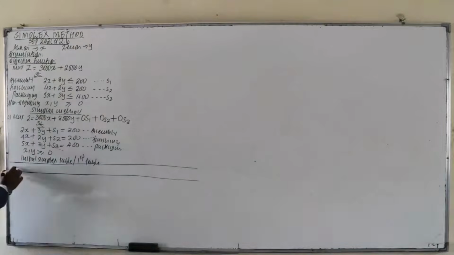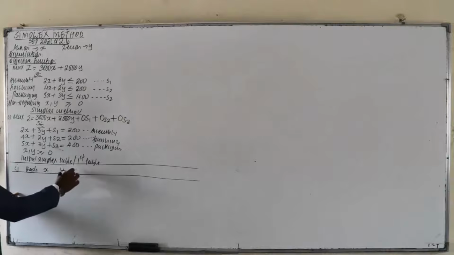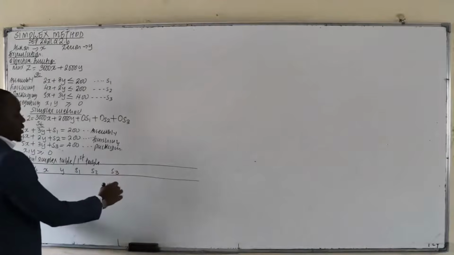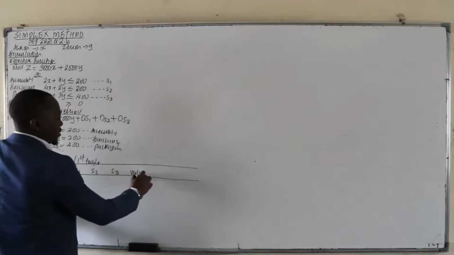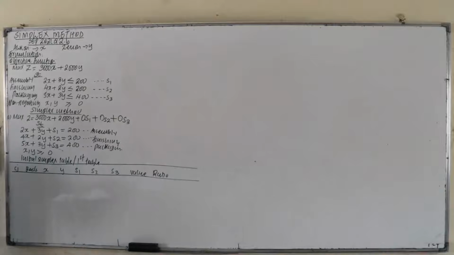Here you have CJ, then we have the basis, product X, product Y, S1, S2, S3, then we have its value, and then we get the ratio. For the basis, we have 3 bases: we have introduced S1, S2, S3. Then we need CJ, we need ZJ, and we need row DJ.